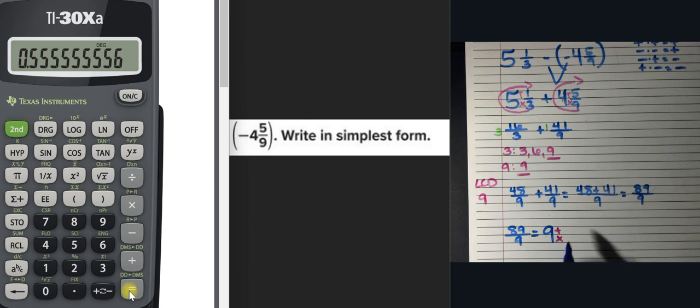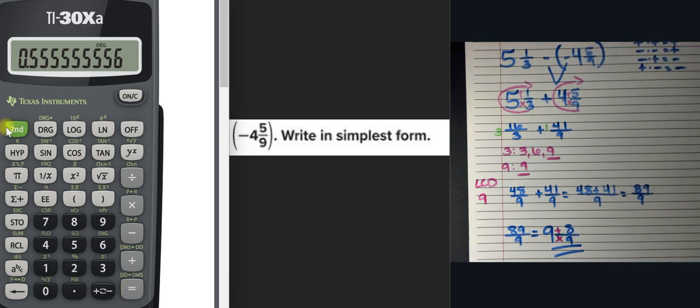All right. So 9 times what to give me as close as I can. Well, we had 9. 9 times 9 gives me 81. And how many more do I need to add in to get back to 89? Well, you just add back in 8. So your answer is going to be 9 and 8 ninths. That's in its simplest form. You cannot reduce it anymore.